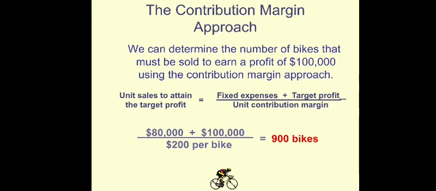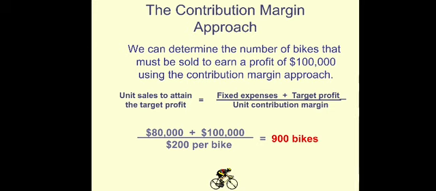So let's see the same data. Let's say the bicycle company wants to achieve profit of $100,000. How to calculate the target profit quantity using the formula? To calculate the break-even point in terms of quantity, the formula is fixed cost divided by unit contribution margin.